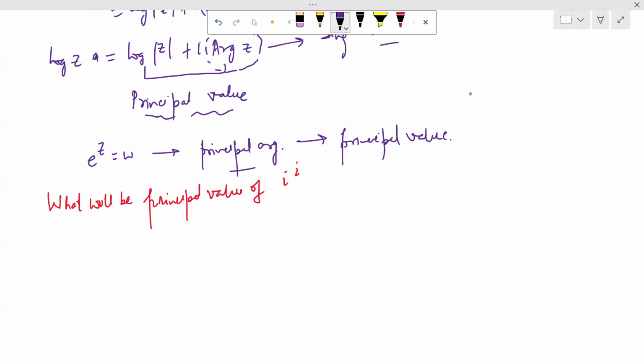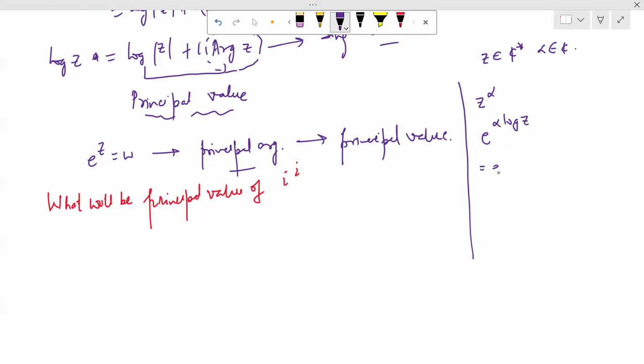So let us say I'm giving you one simple thing. Whenever you get something like z raised to power alpha, here z belongs to the set of non-zero complex numbers, and alpha also belongs to the set of complex numbers, so that problems won't arise. Then you can write z raised to power alpha is equal to e raised to power alpha log z.